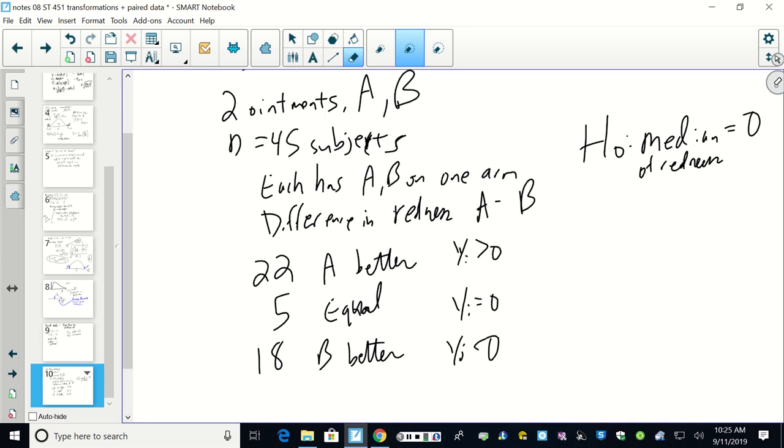So under this null hypothesis, if the median really is 0, what proportion of these 45 would you expect to have A being better?